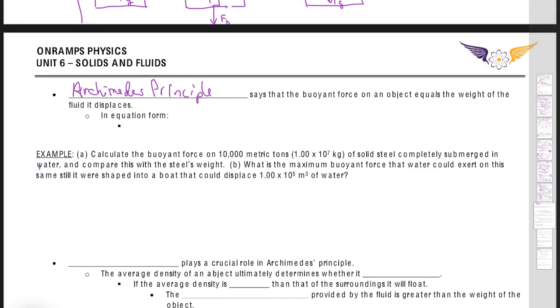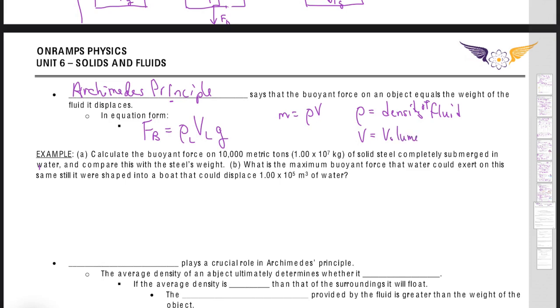In equation form, it's going to be rho Vg, or the density of the liquid times the volume of the liquid displaced times 9.81, where, remember, mass is rho V. Again, density will be the density of the fluid, not the object. And V will be the volume displaced.